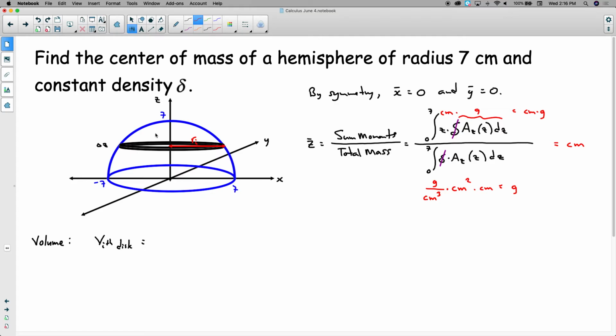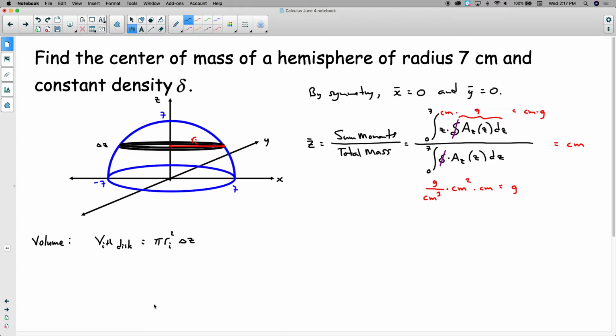The volume of this ith disk is pi r sub i squared delta z. Pi r squared being the surface area, and delta z being the thickness of the cylinder.